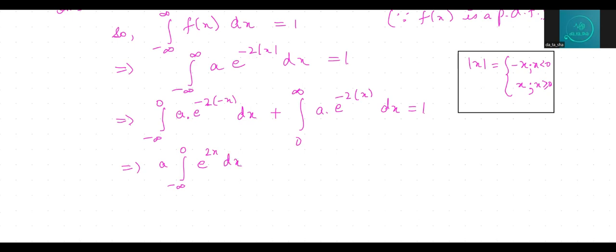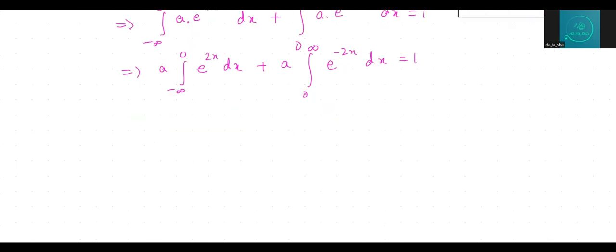Here also a is a constant term, it will come outside. This would be e raised to the power minus 2x dx. Now the integral of the exponential function is the exponential function itself, and this would be equal to a times e raised to the power 2x divided by 2 from minus infinity to 0, plus a times e raised to the power minus 2x divided by minus 2 from 0 to infinity, equal to 1.